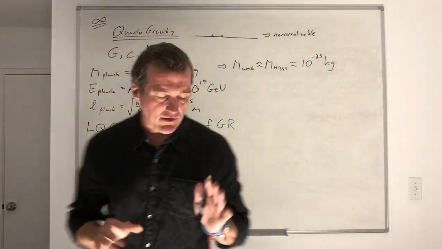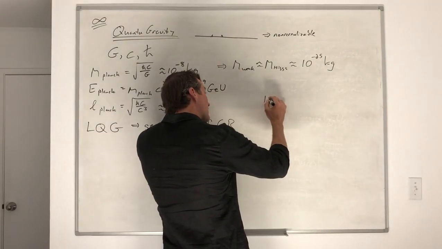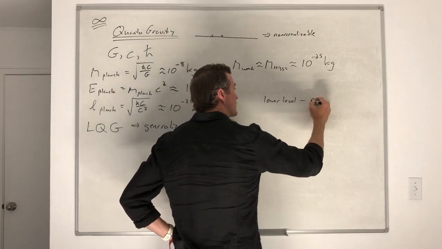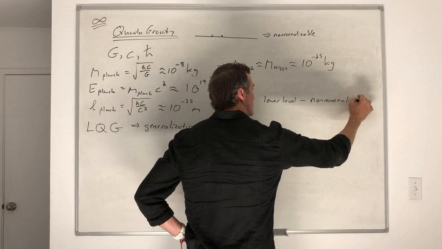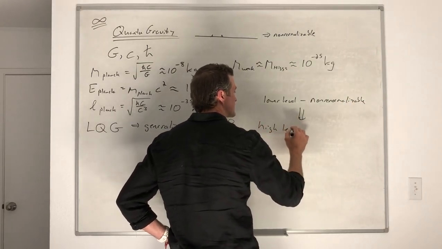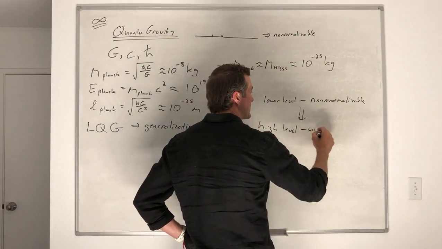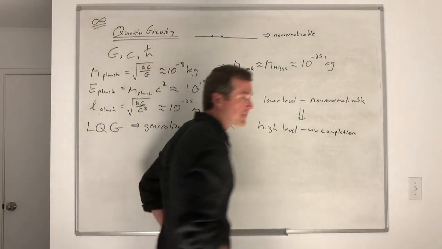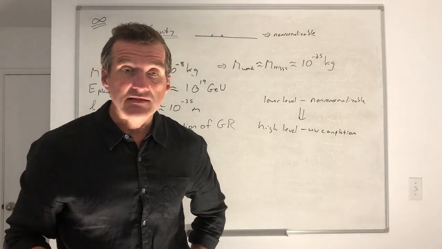I should say something which I don't think I've said, but I want to be clear. So if you start out at the lower level, you have a non-renormalizable theory. And then you flow to high energies or mass scales or small distances or whatever, and the UV completion must be either renormalizable or finite.